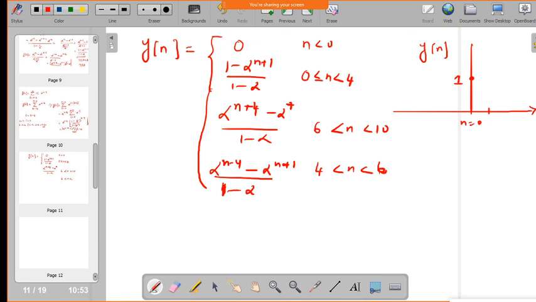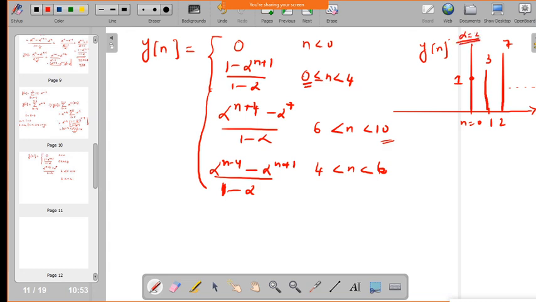Similarly, at n equal to 1, you put the value and you will get the value 3. And similarly you go on putting the values, 7 and so on, for n equal to 1, 2, and like that you get the samples till the value of 10. Because the index varies between 0 and 10, we get the samples from 0 to 10. So this is y of n when alpha equal to 2.